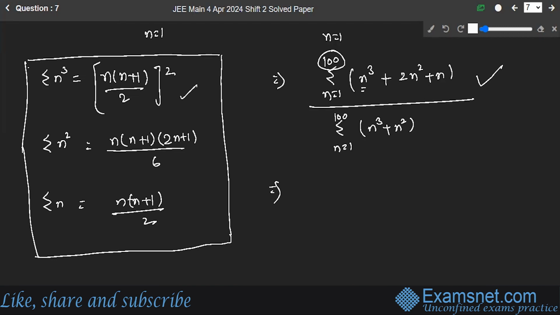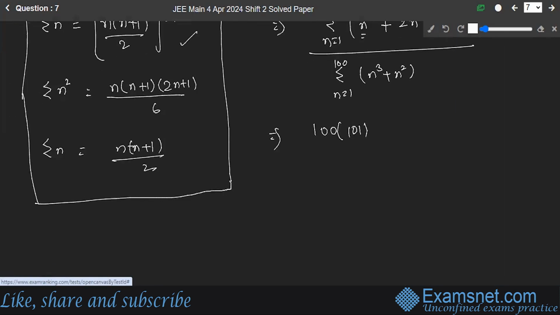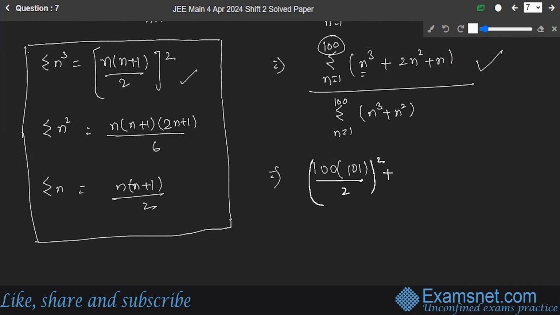For n^3, I'm using this formula. This will be given by [100 into (100 + 1), which is 101]^2 upon 2^2, taking the square of the whole thing. Now 2n^2: this is 2 into 100 into 101 into 201 divided by 6, plus n is 100 into 101 divided by 2.